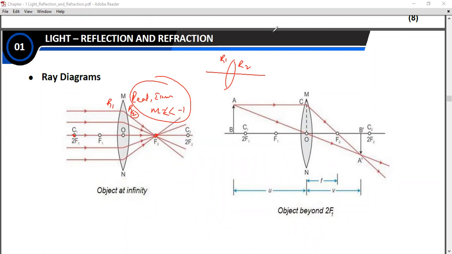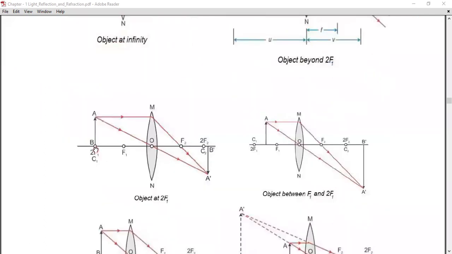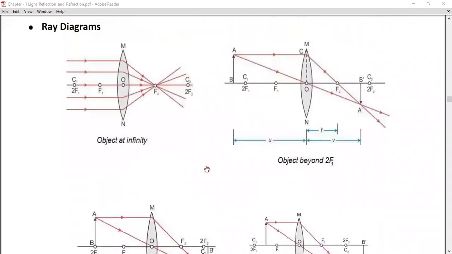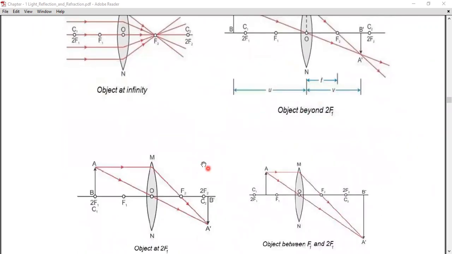Next, in this situation, the object is kept at 2F1. The image is formed again at 2F2, that is 2F on the other side. And here the image will not be magnified. That means here magnification will be -1, just like the concave mirror, guys.